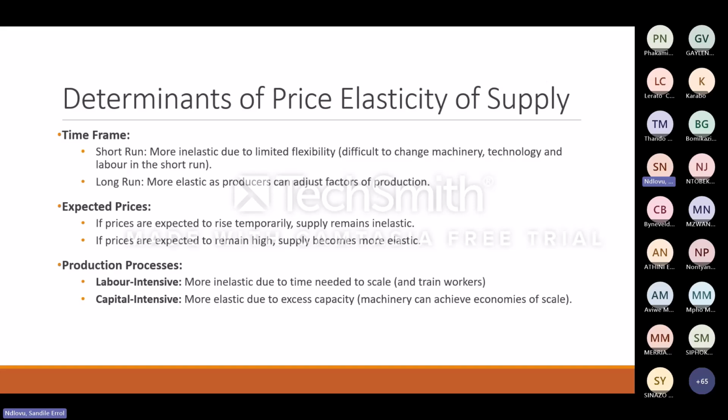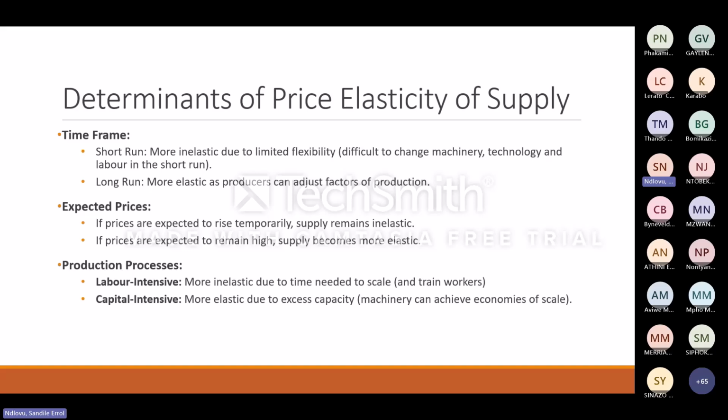Supply is more inelastic in a labor-intensive firm, because they are reliant on labor, and labor is very difficult to obtain, because you need to do interviews first, find the right people, and train them, right? So it is hard for labor-intensive firms to change their supply levels in the short run, because their production process is reliant on labor.